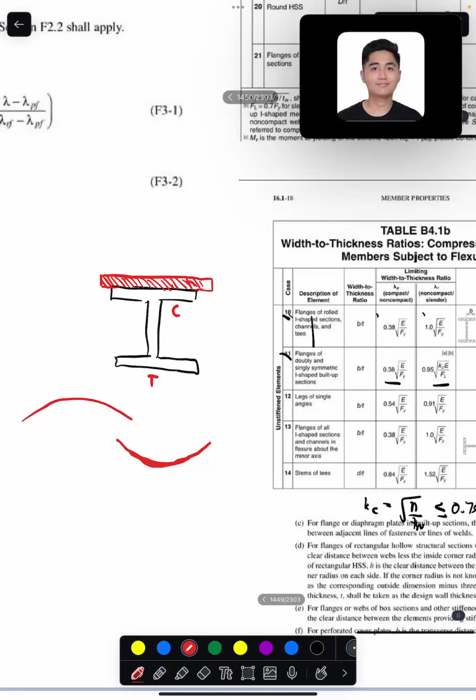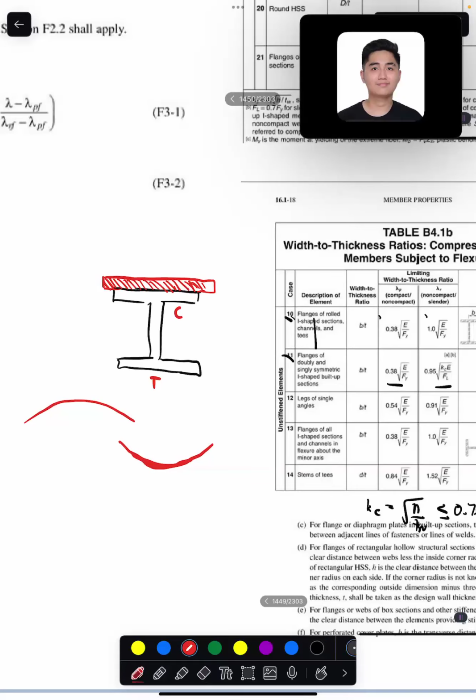Pag negative yung moment, magiging bending stresses mo is ito na yung under tension, ito yung under compression. Kahit na maglagay ka dito, FLB will still occur. Dito mangyayari yung flange local buckling.